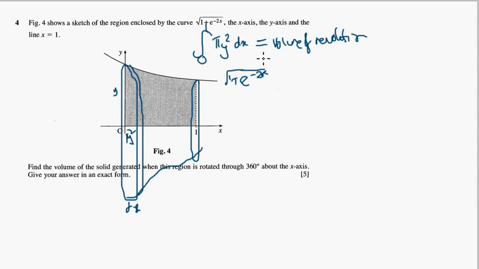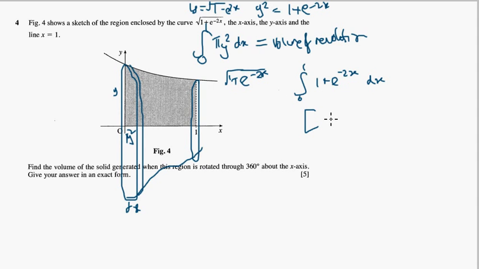Okay, so y is equal to root 1 plus e to the minus 2x. So unsurprisingly, y squared is going to be just the same thing without the square root. So we are integrating 1 plus e to the minus 2x dx between 0 and 1. 1 integrates to x.